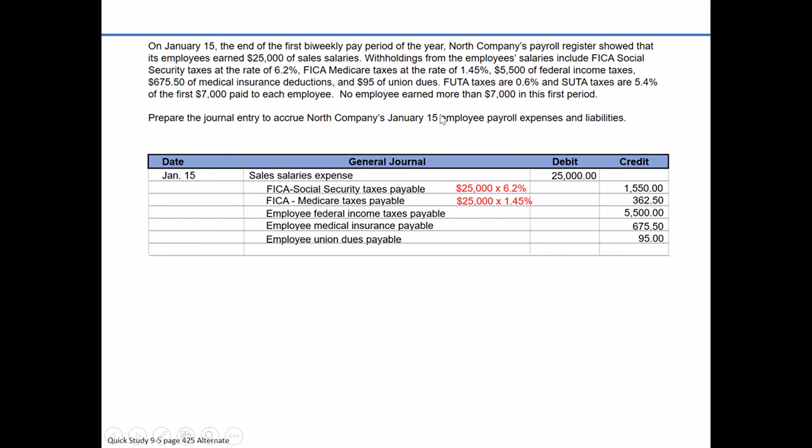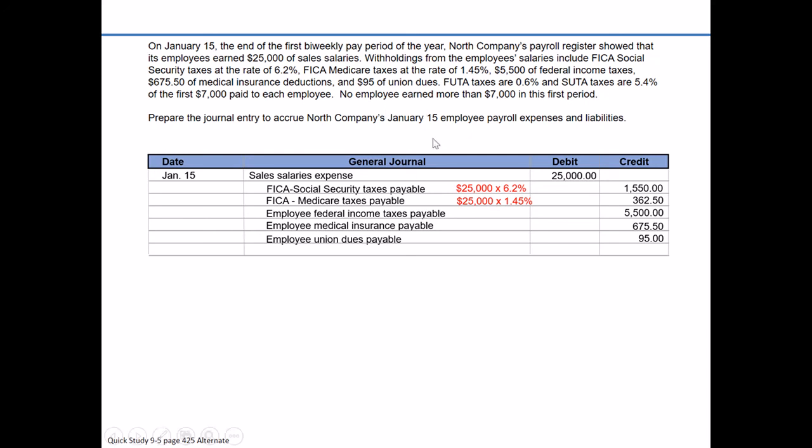Let's keep reading through our scenario. Our FUTA taxes, which is federal unemployment taxes, are at a rate of 0.6%, and SUTA, or state unemployment taxes, are 5.4%. It does indicate there's a cap that's only paid on the first $7,000, and there's also a caveat here that says we don't have to worry about that cap because no employees actually earn more than that.